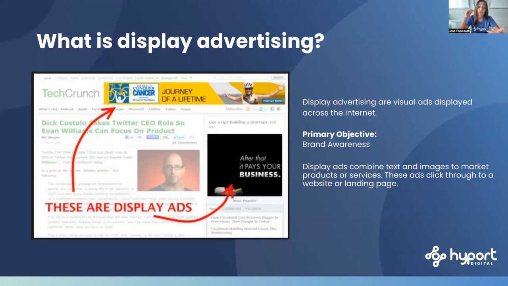This is whether you are searching on a mobile device, on your laptop, or your tablet. And a lot of us have probably seen these inside of apps when we're using apps on our phone. It's important to note that the primary objective of a display ad is not lead generation. They are not built with the purpose of instant conversion. Display ads are best served for brand awareness.